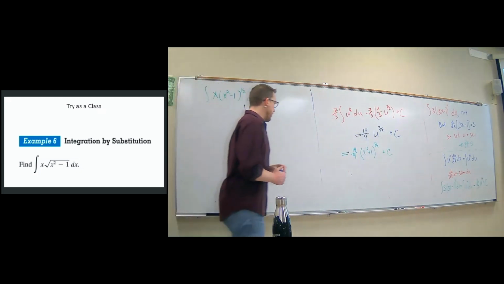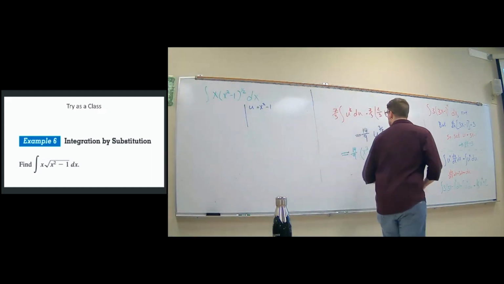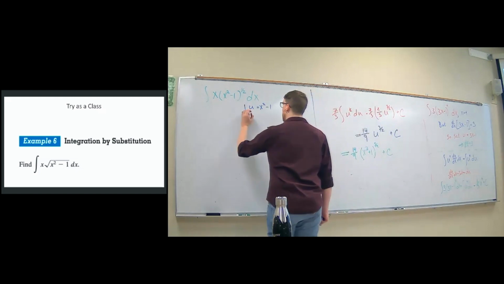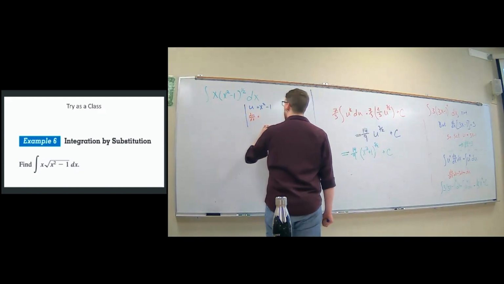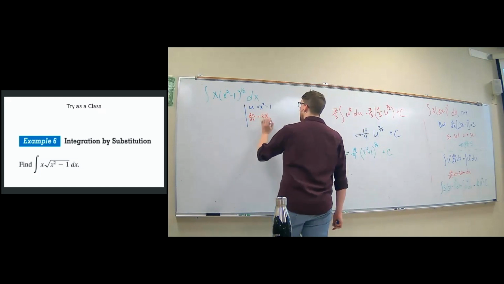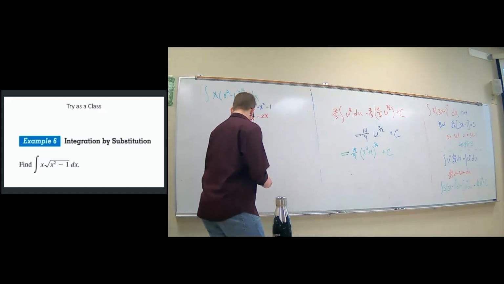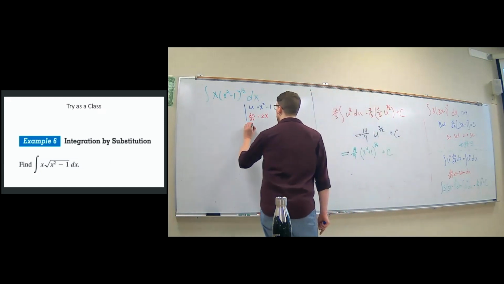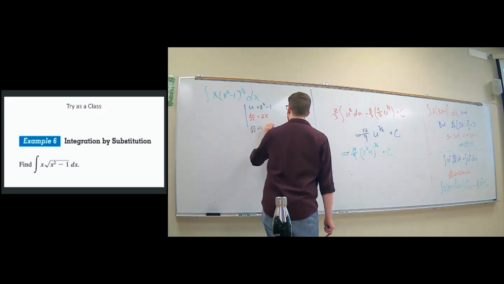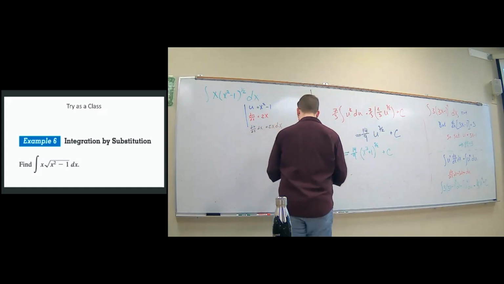If we do that, then du/dx is going to be equal to 2x. And if that's the case, then du/dx times dx is going to be equal to 2x dx.